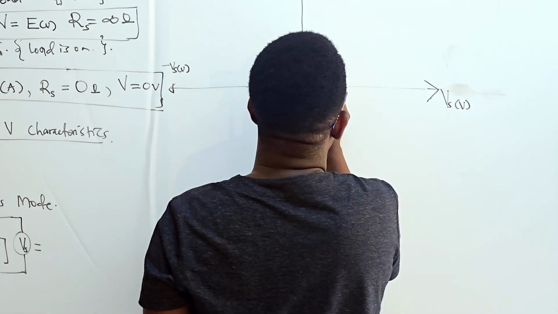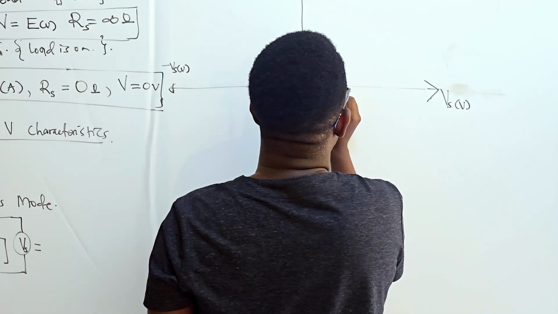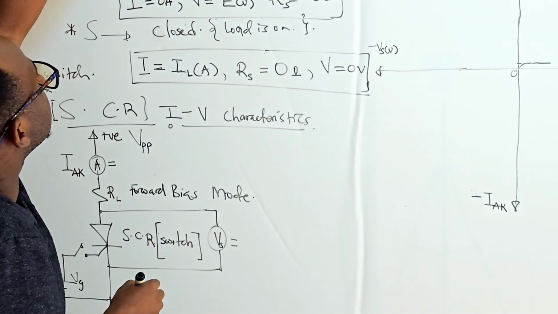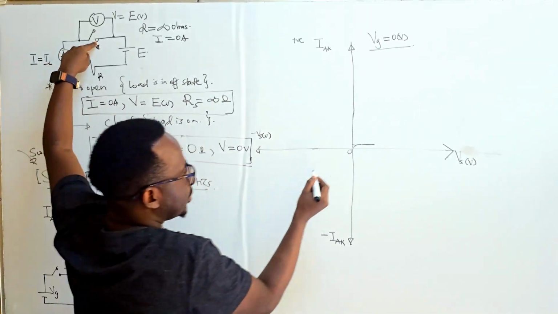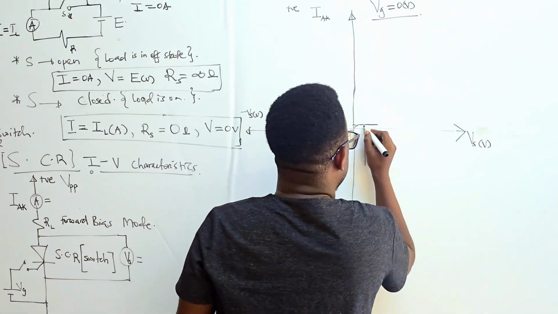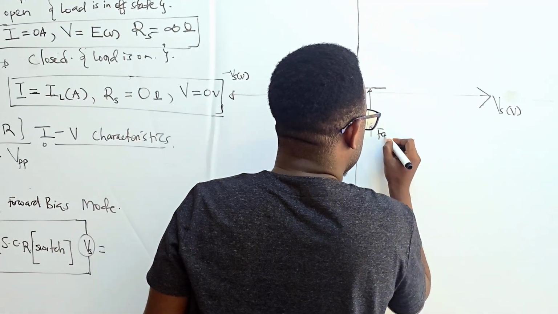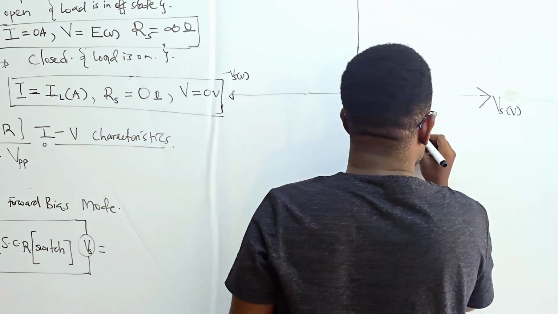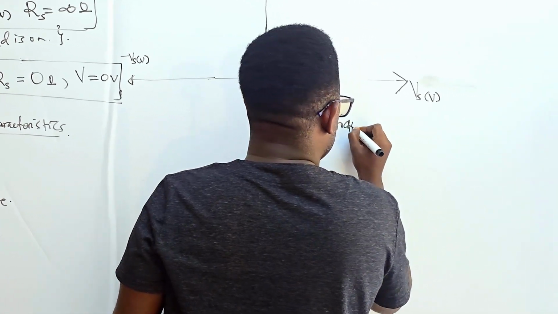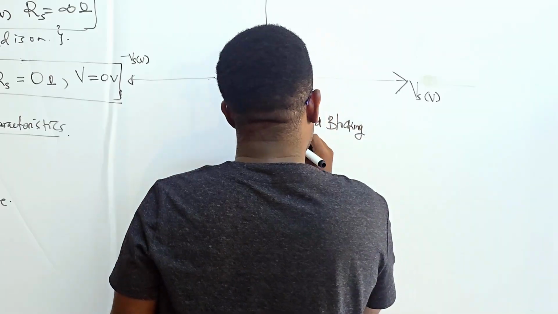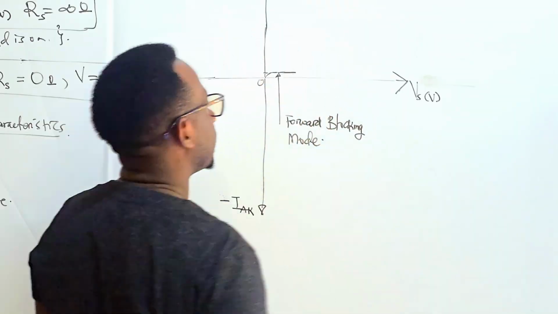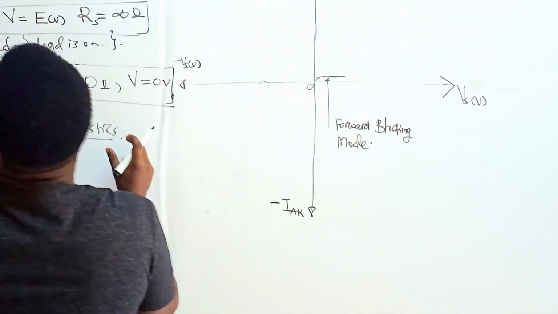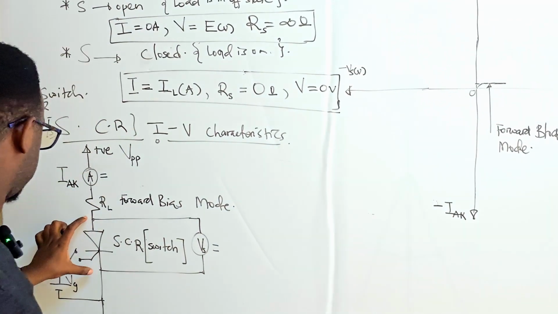Remember, in this mode the thyristor is in the forward blocking mode.